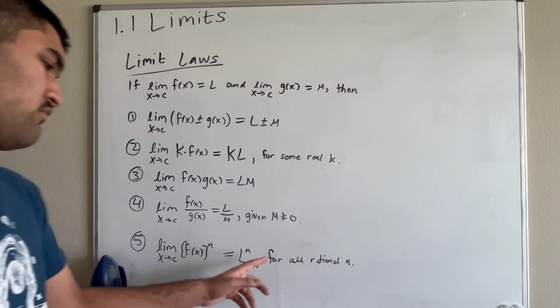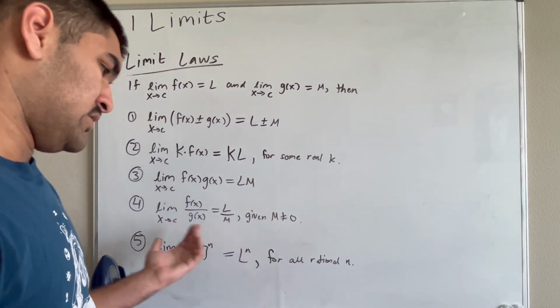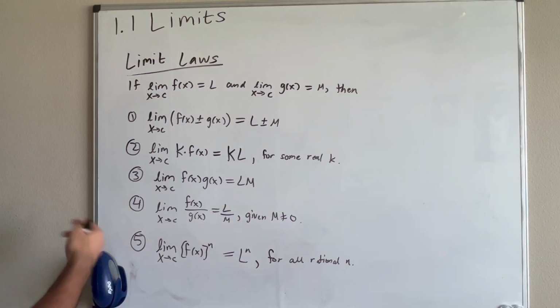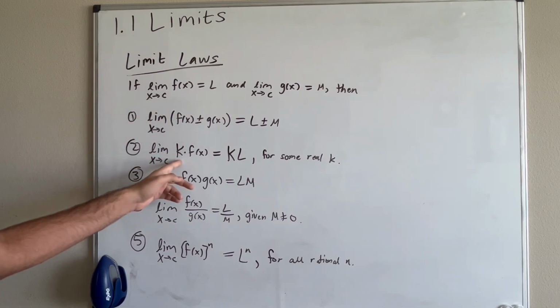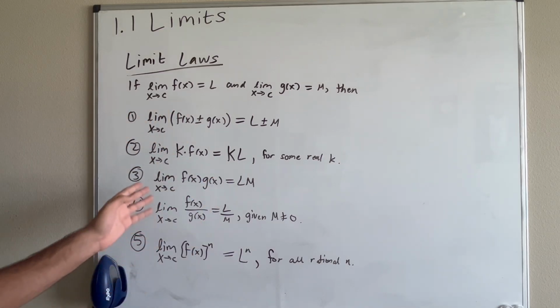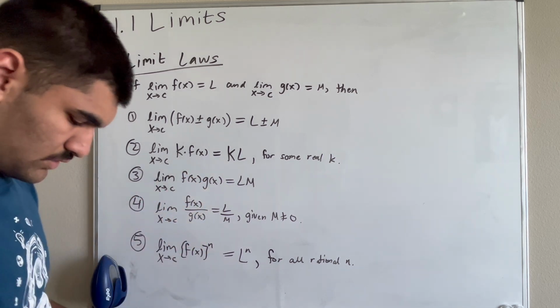So whenever n is a rational number, that is, you can write it as p over q, then this works. So these are all the limit laws: the limit of a sum and difference, the limit of a constant multiple, the limit of the product, the limit of the quotient, and the limit of a power.